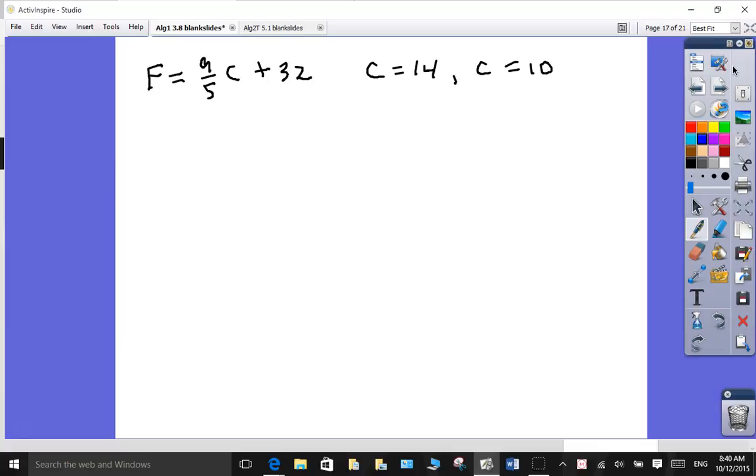So what did you get for the 14 degrees? I'm going to write it as F of 14. That's saying, since F is a function of C, F of C equals 14 is 9/5 times 14 plus 32. What was it again?